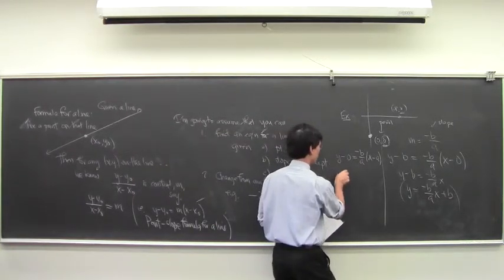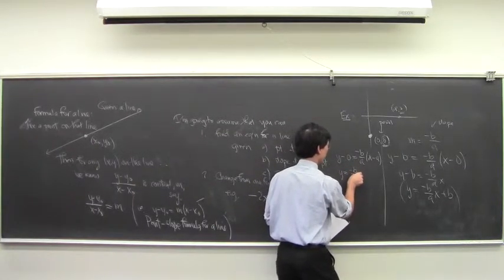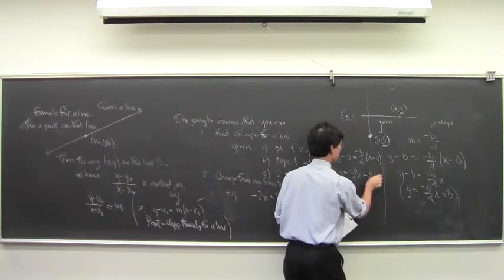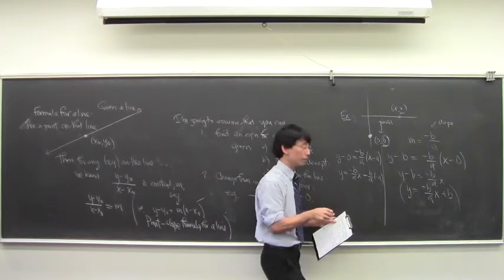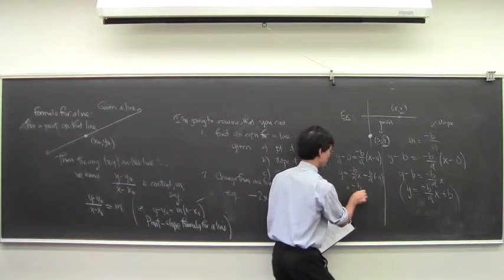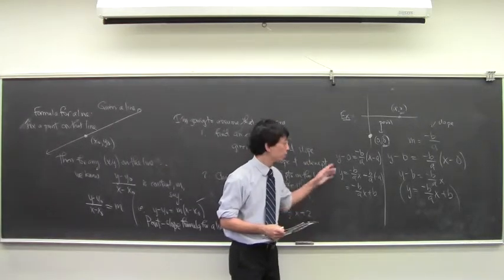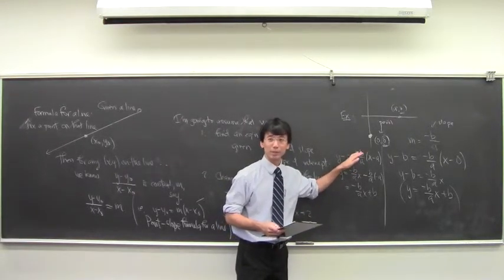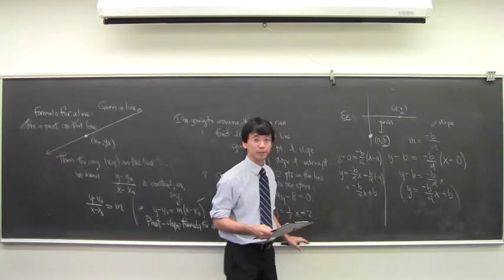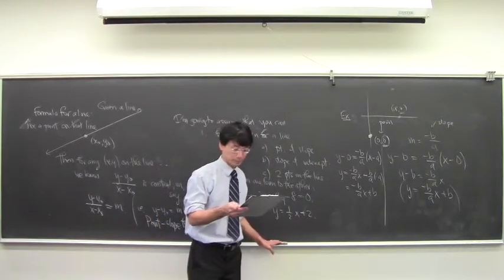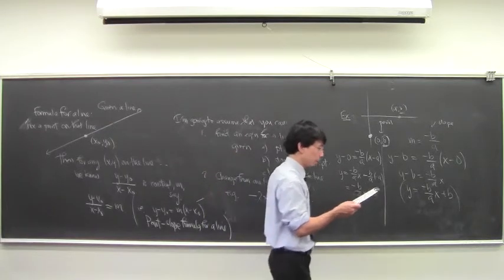Well, you get y equals negative b over a x minus b over a times negative a, which is b. So it describes the same line, as it should.